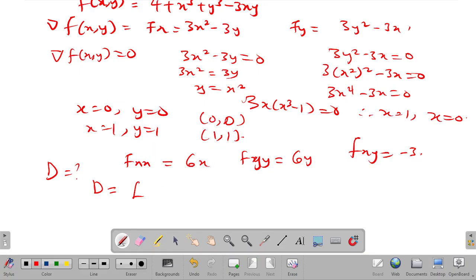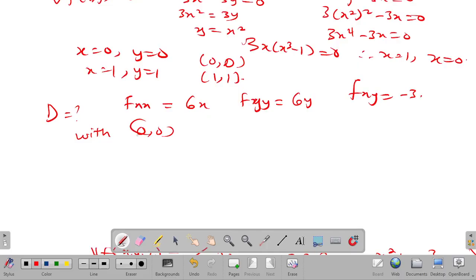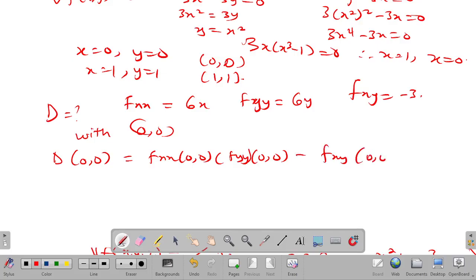Here we'll be taking D per critical point. With critical point (0, 0), you will find D of (0, 0). So our D of (0, 0) will simply be equal to fxx of (0, 0) multiplying fyy of (0, 0), minus fxy of (0, 0) all squared. Then we analyze.